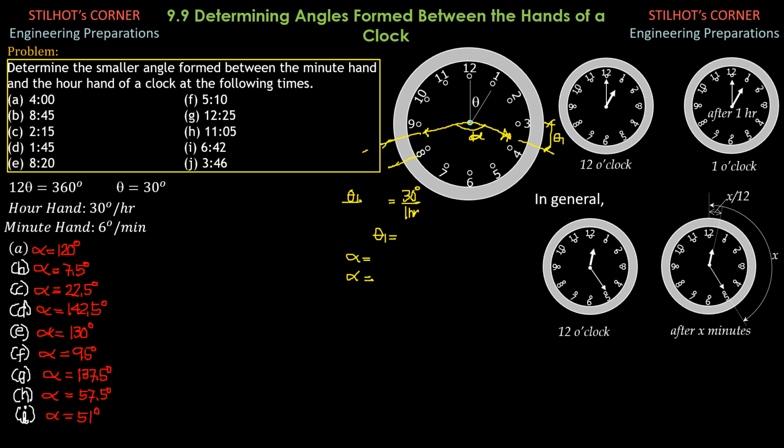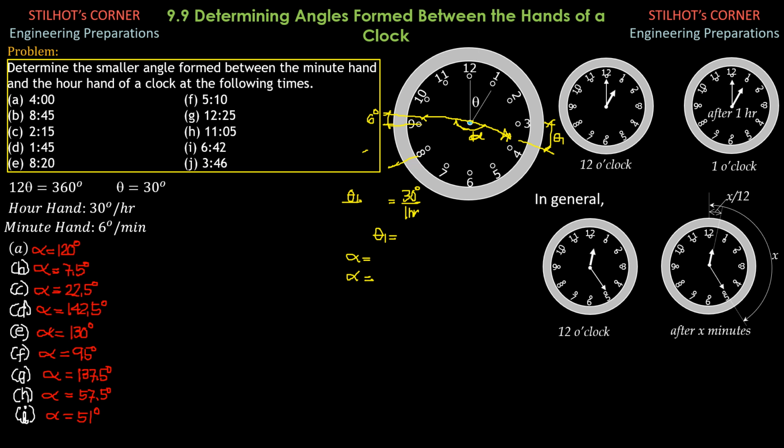It's wrong. Sorry. It should be pointing here beyond 9 because that's 45. So this is alpha. So this is already 45. So that means this is equivalent to 1 minute, and 1 minute is 6 degrees. 6 degrees per minute. So this is 45, then 46. So that's 1 minute movement of the minute hand, which corresponds to 6 degrees.